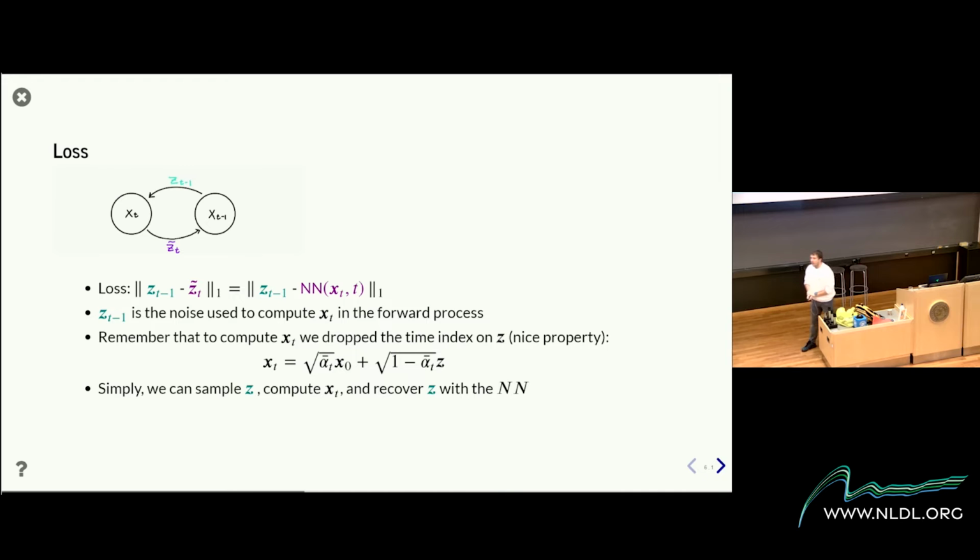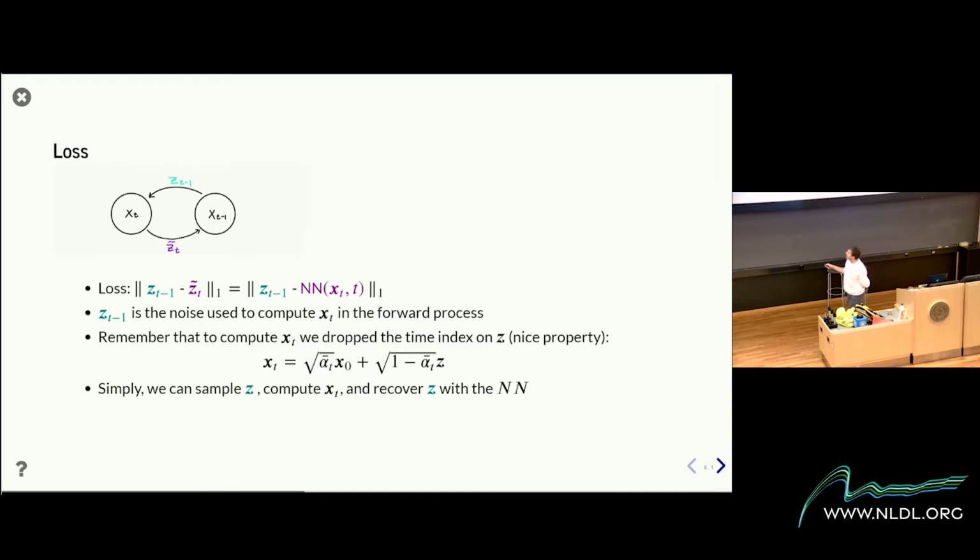So basically, my loss function will be just a norm, for example an L1 norm, between this noise and this noise. This noise is something that we know, basically. It's given to us during the forward pass. It's just something that we extract randomly. And this noise, instead, is the one predicted by the neural network.